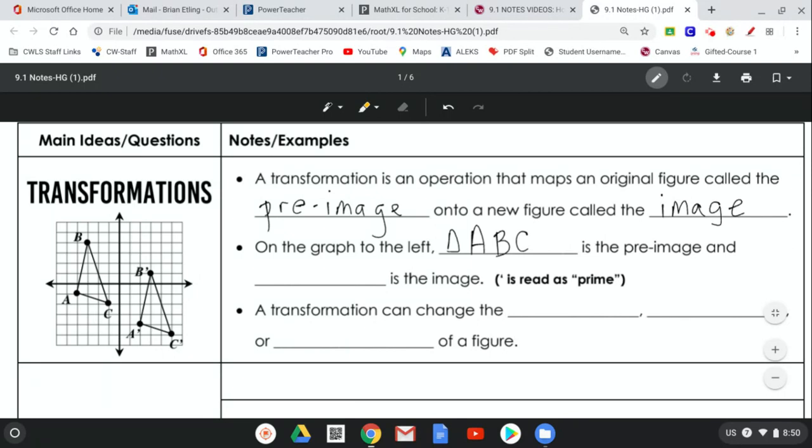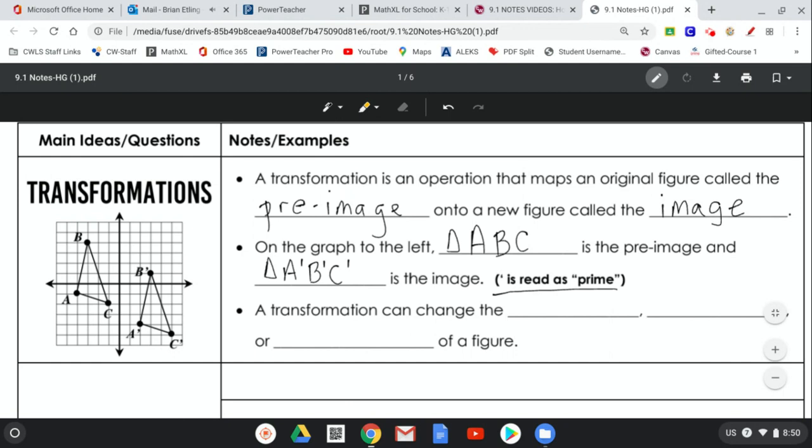And then for the image, it's going to be triangle A prime, B prime, C prime. That little apostrophe is read as prime. Anytime we use that, we don't want to use different letters because the figure really isn't different. So we use A prime, B prime, C prime to show that it relates to that original figure in some way, shape, or form.